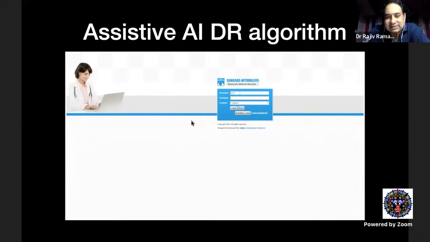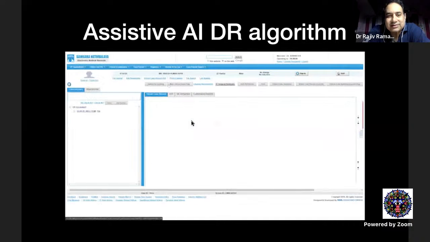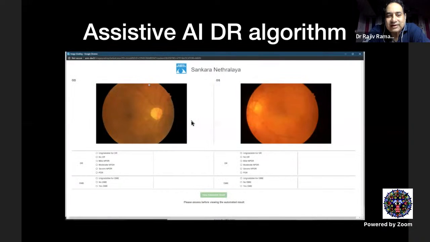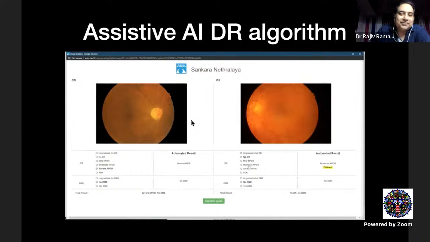Now he goes to the consultant. The consultant has a chance to grade the image, the grade of retinopathy and the grade of DME. And then he shows the AI results. If it is different, he can relook and change if needed.